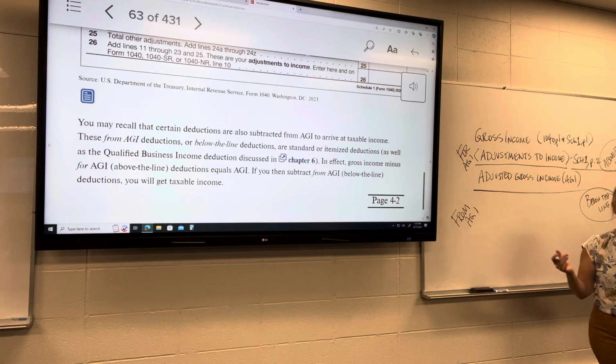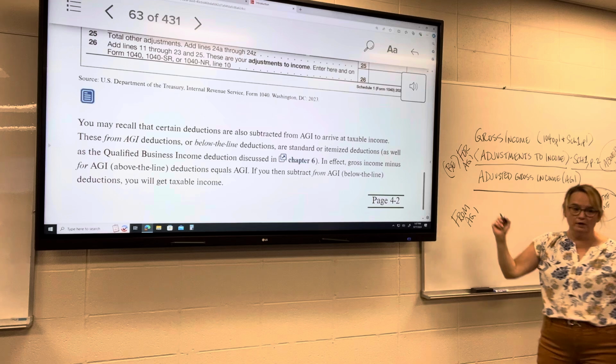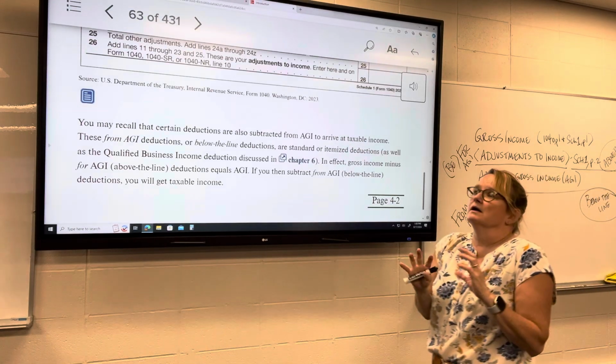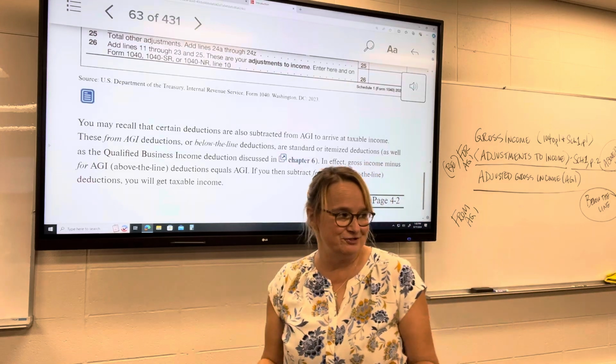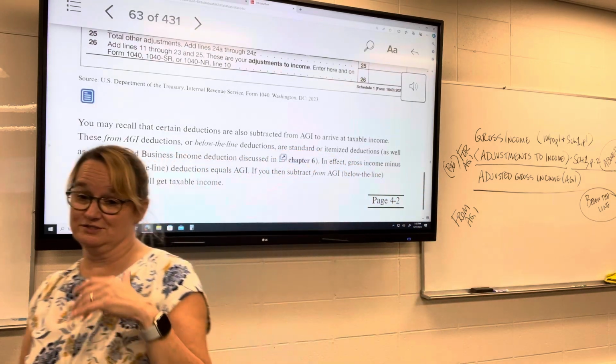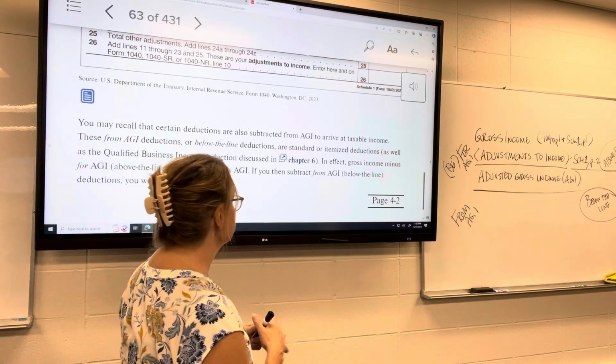For means, and I always think of this as, B for AGI. Obviously it didn't work very well because I forgot what the terminology was there for a second. But before AGI, so everything that comes before that, and then everything that comes after that. So it sort of emphasizes the importance of adjusted gross income, the fact that we've got all these different terminologies for the deductions that come both before and after AGI. Questions?